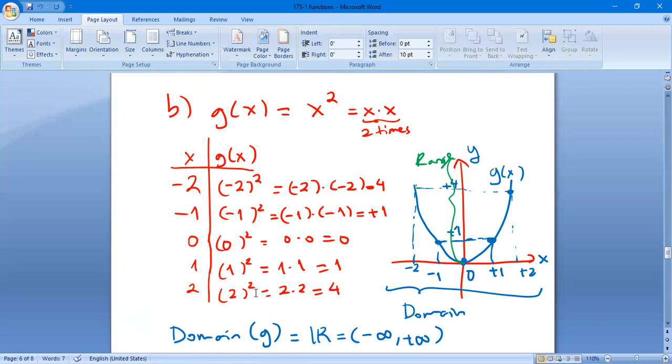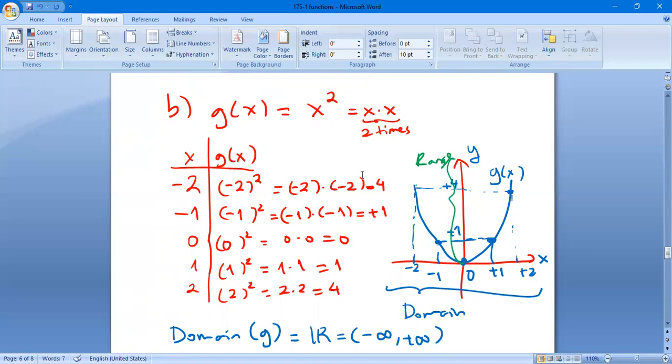And then 2 squared is equal to 2 times 2, that's equal to 4. So we can just plot these points here. So -2 and +2 go to 4, -1 and +1 go to 1, 0 goes to 0. We have a parabola picture like that. As you see, it's a symmetric graph with respect to the y-axis.